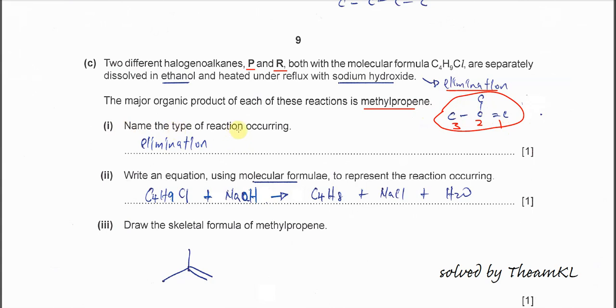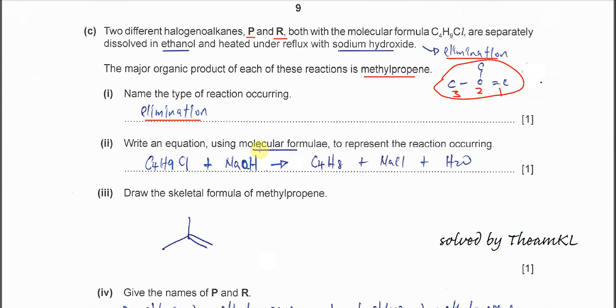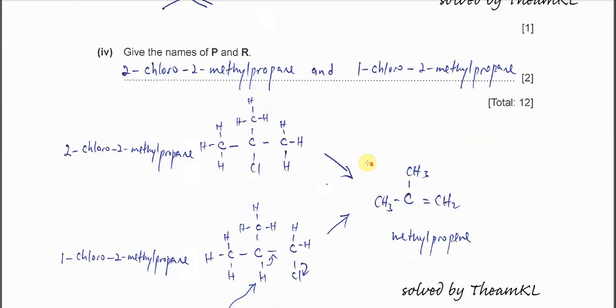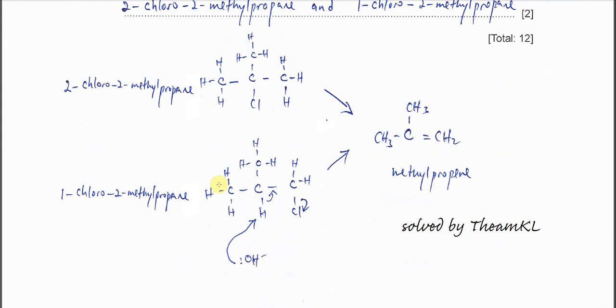Part 1, name the type of reaction occurring. It's elimination. Write an equation using molecular formulae to represent the reaction occurring. Very easy, this one. First, you need to know how the mechanism works. Let's use this one as an example. The hydroxide will take the proton from the adjacent carbon.